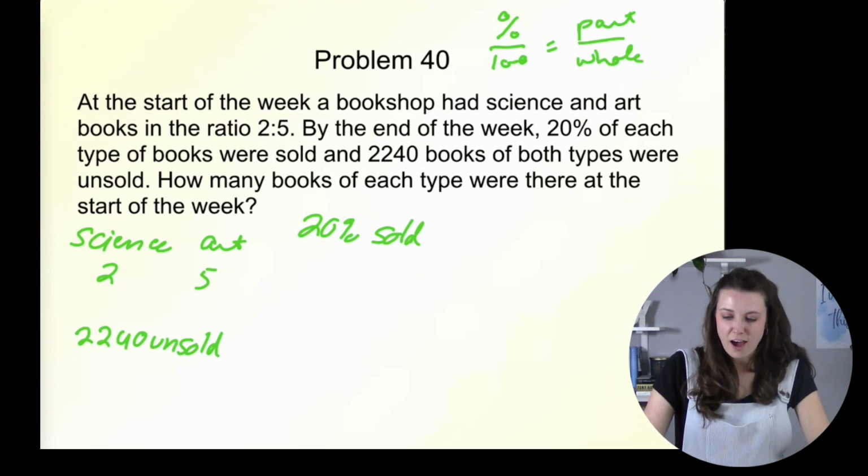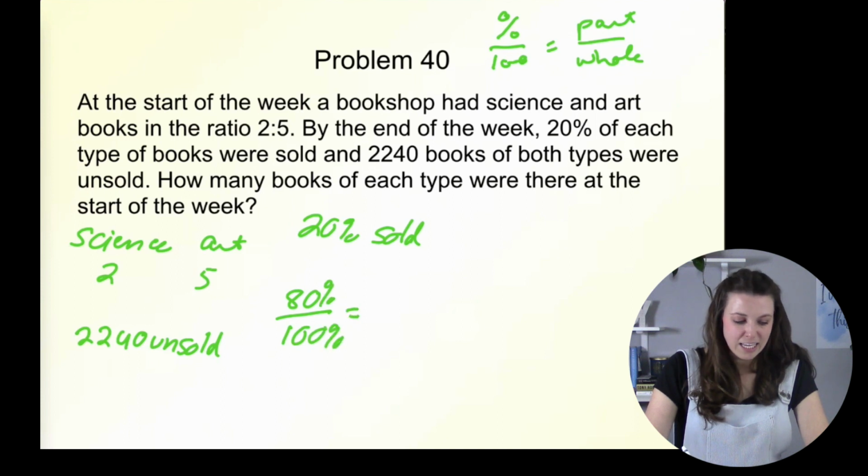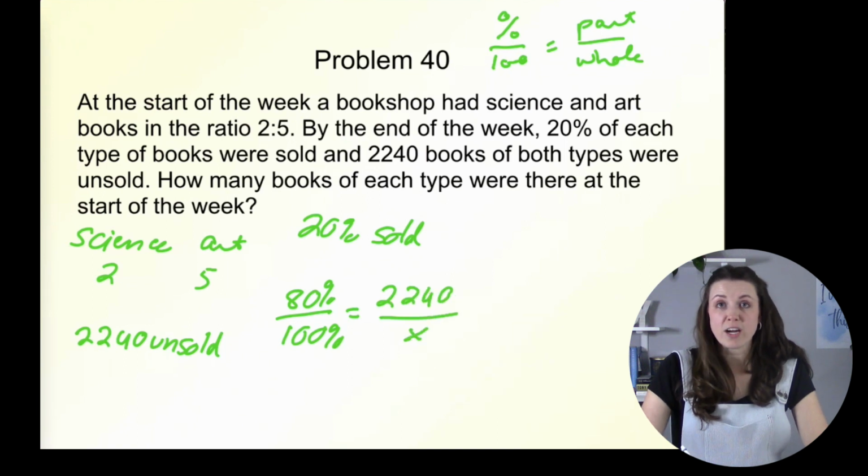We know that 20% was sold, right? So 100% minus 20% is just going to be 80%. So that's how much they have left. So 80% over 100% equals 2,240 over X, because we're trying to figure out how many there were at the beginning.